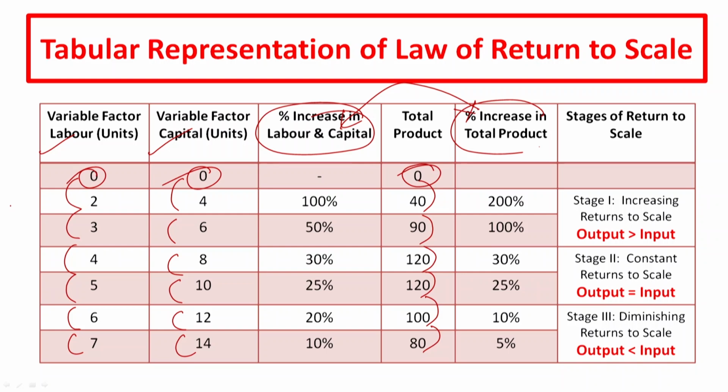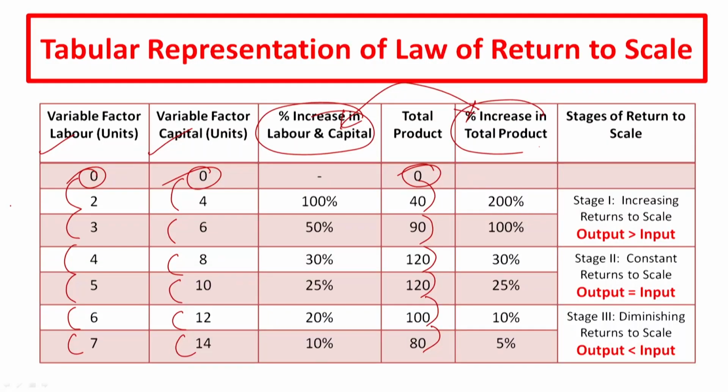That is why your total product starts from the point of origin, signifying no output at no level of input. As already told, there is a direct proportional relationship between the input and the output. If you have input, then you will have output. If you don't have an input, you will not have any output.